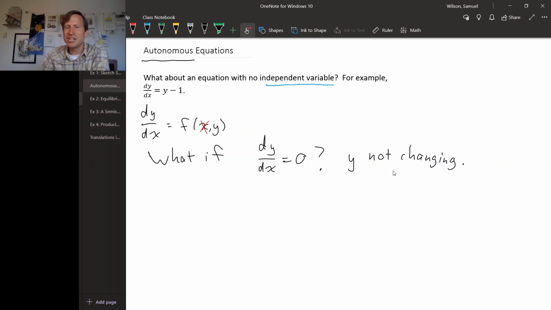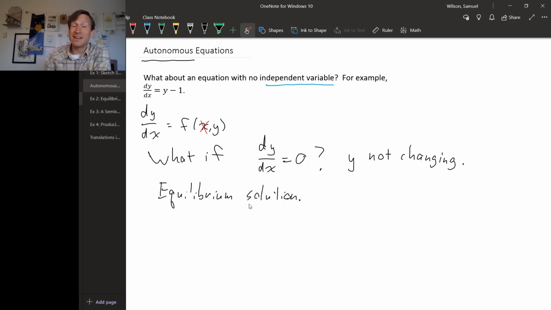And if y isn't changing, that means the dy dx is only a function of y. So if a particular y value makes this 0, then y doesn't change, and this derivative keeps being 0. So it stays 0. So then we would have a solution just at that particular y value. This is called an equilibrium solution. Because it doesn't change.